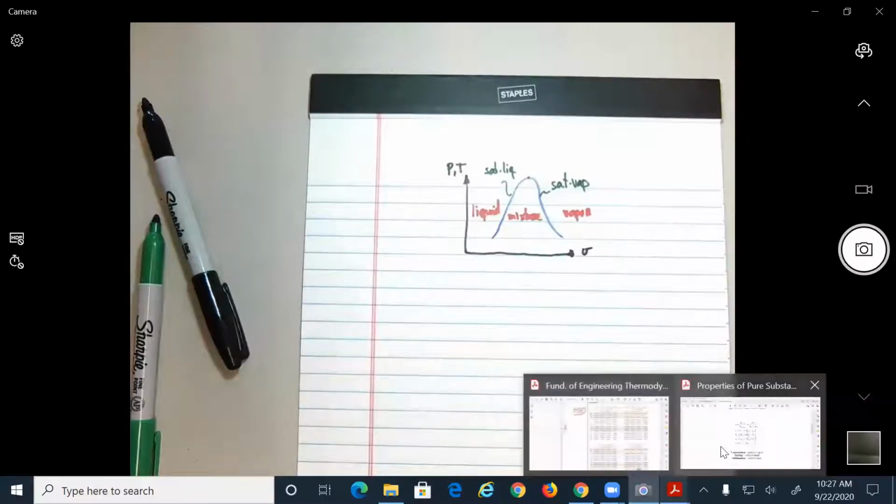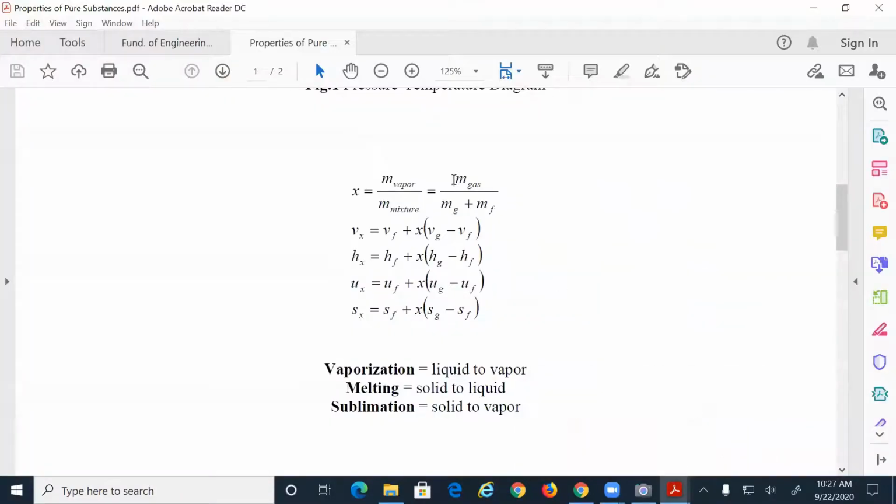So what was decided is that this X will give you the percentage of gas within the whole mixture. This X is called the quality factor, but really what does it mean? It is the amount of gas that you have within the mixture: m gas divided by m total.